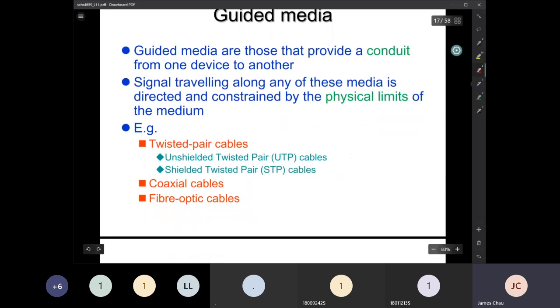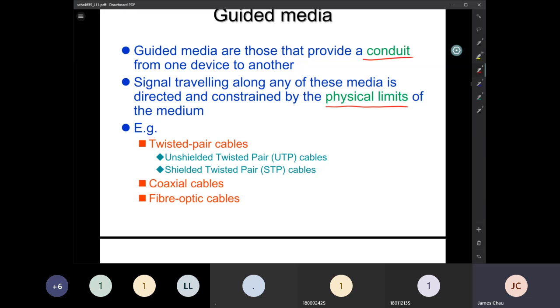Now, guided media normally provide a conduit, so that we have a path that the cable passes through in order to make the connection. The signal traveling along this medium is directed or guided, and it is constrained by physical limits, so we may depend on the attenuation factor or the delay factor of the physical medium.